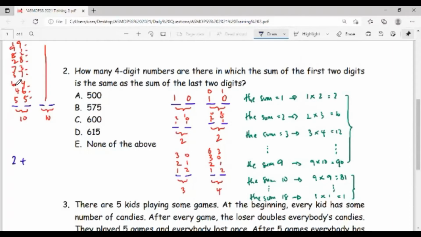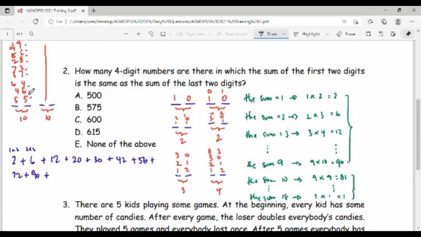Now we can add all of them. So this is 1 times 2, 2 times 3, and we can continue that. Then 3 times 4 is 12, 4 times 5 is 20, 5 times 6 is 30, 6 times 7 is 42, then 7 times 8, 56, plus 8 times 9, 72, until 9 times 10, 90.